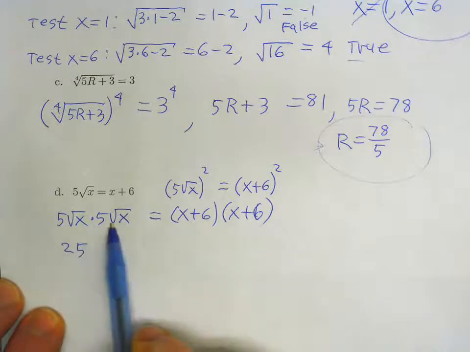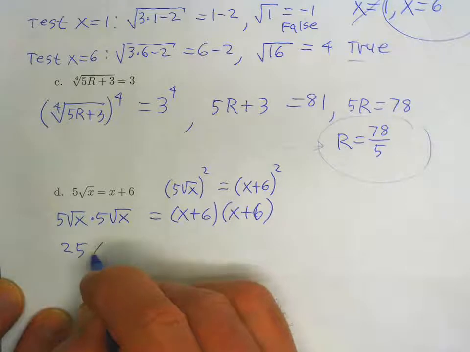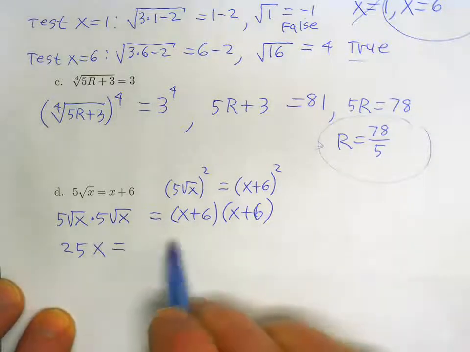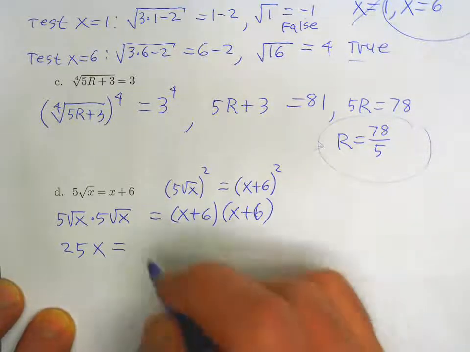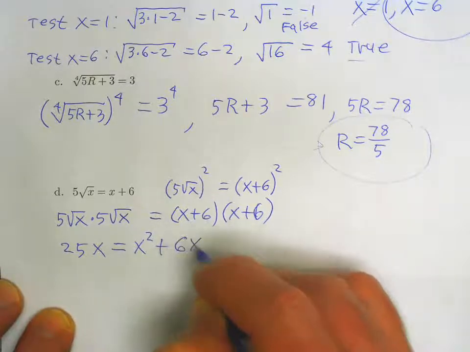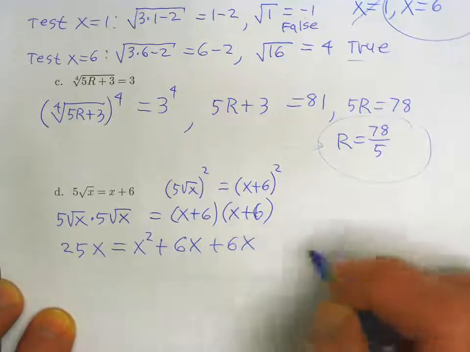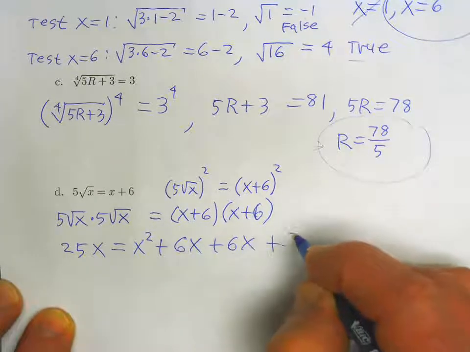The square root of x times the square root of x is the square root of x squared, but the square root of x squared is x. And then on the right-hand side, x plus 6 times x plus 6. X times x is x squared, plus x times 6 is plus 6x, plus 6 times x a second time, and then plus 6 times 6, which is 36.